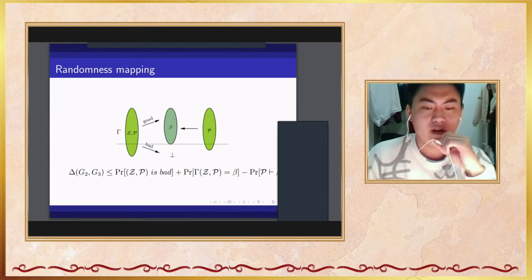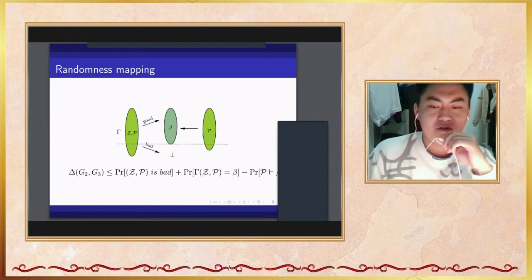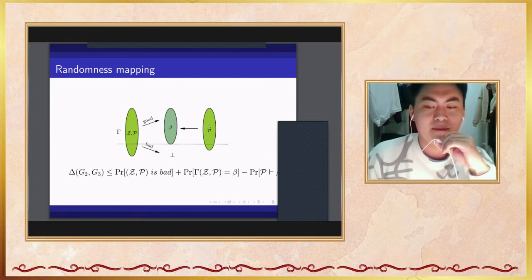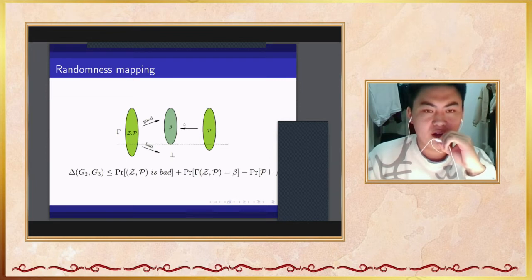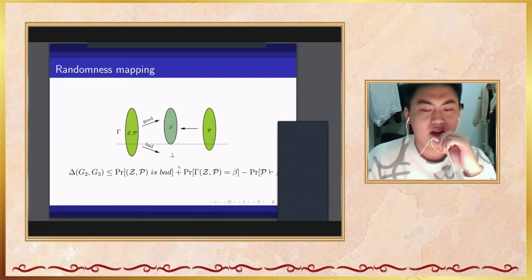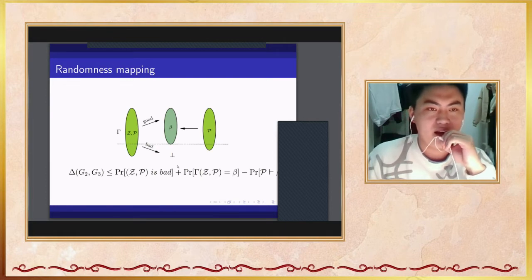For the tuple of permutations P in the real world, we say P extends a tuple of partial permutations if for each, beta and P agree on all entries. So we can use beta to find the distance between the intermediate system and the real world. Thereby, we can find the distance between the real world and the ideal world.